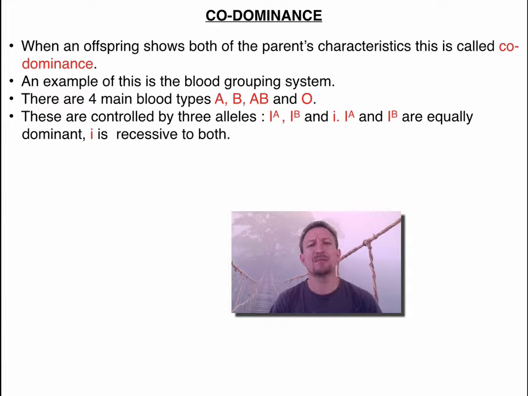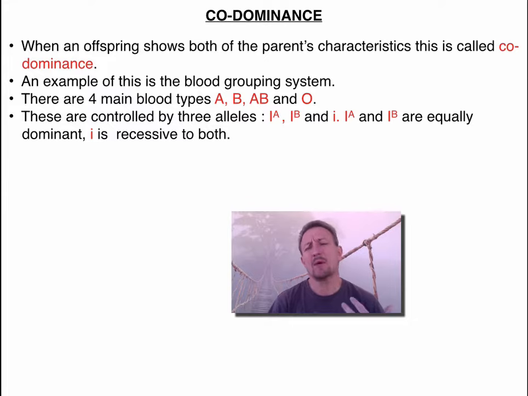These alleles are written with a capital I, with a superscript of the type of blood group above it. So you could be capital I A, capital I B, or little i, which is the recessive form of that blood grouping. The I basically refers to the protein which is necessary to produce the blood grouping system itself.